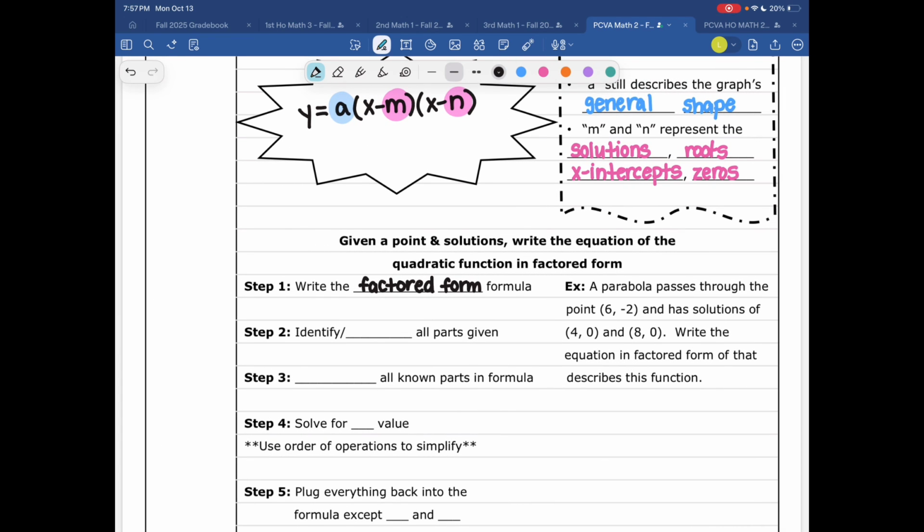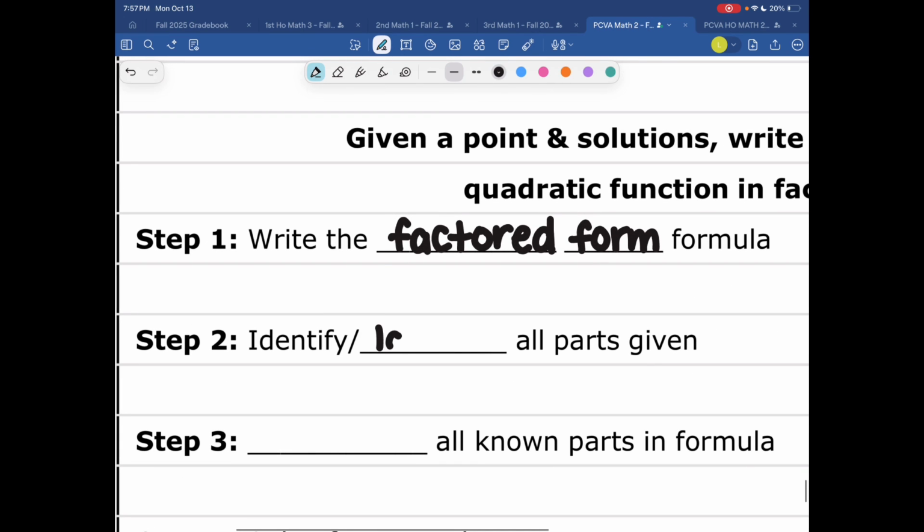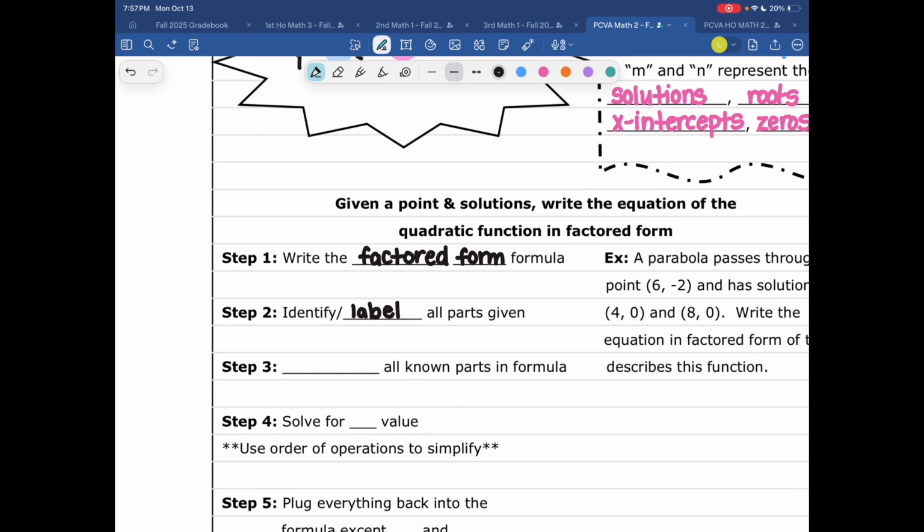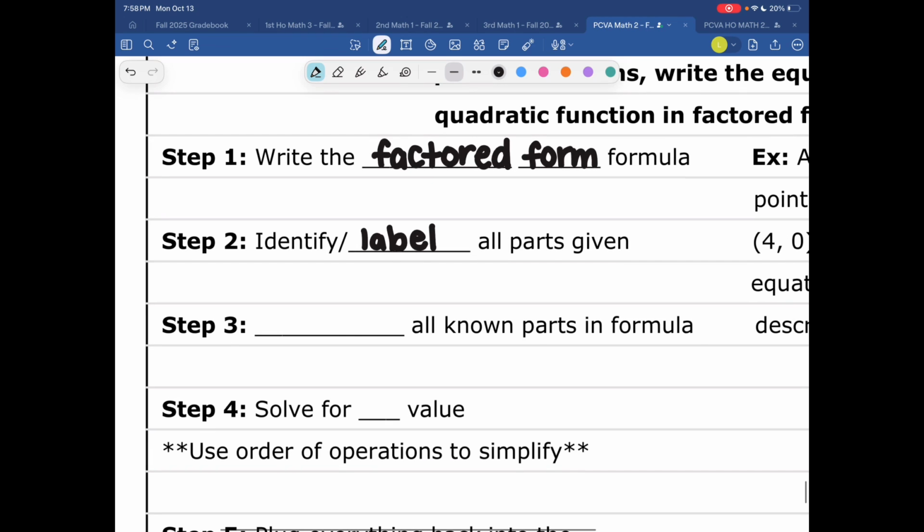Then at that point, you're going to label all your parts. You really need to make sure you know what pieces go together. So you need to know what is the point, or what are the solutions, the x-intercepts. You need to know what is the point that it's actually going through. Once you are able to label all the parts, then you're going to substitute those values into the factored form formula.